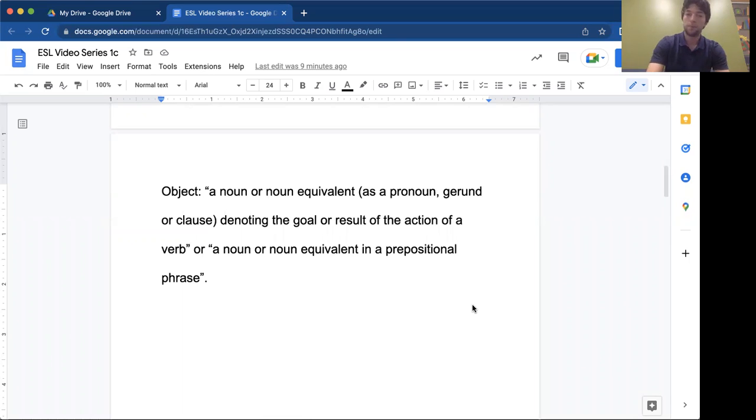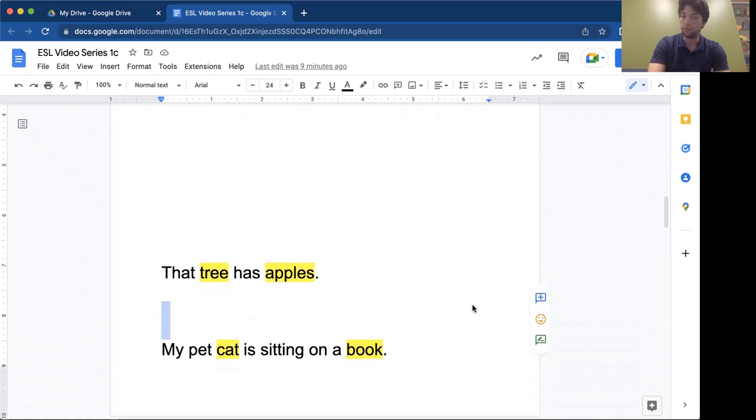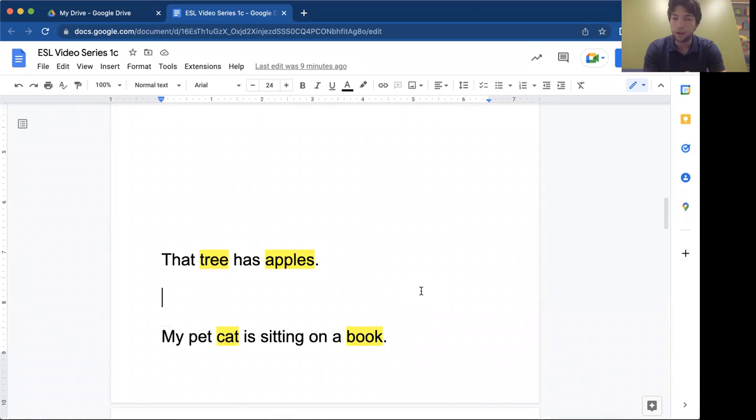So remember these examples from the noun video? That tree has apples. My pet cat is sitting on a book. Both sentences have their nouns highlighted in yellow, but we're going to dig a little bit deeper and piece together everything that we've already gone over. We already have the nouns highlighted in yellow.